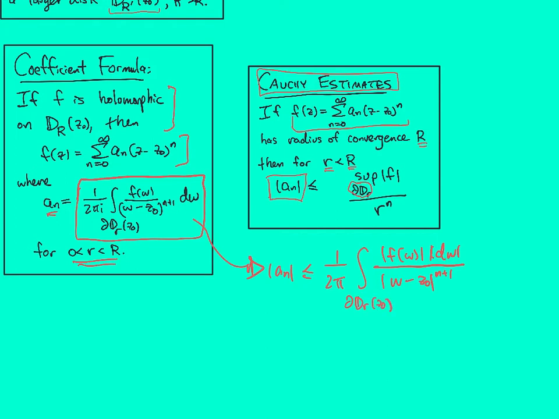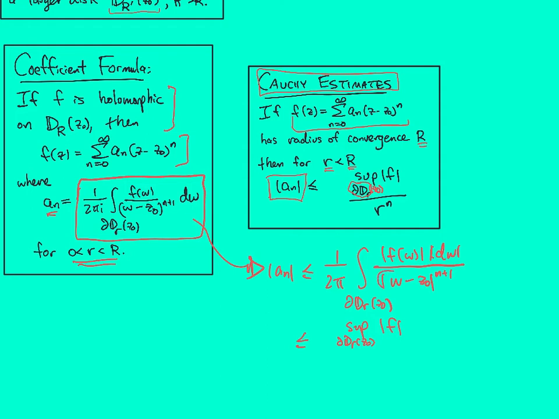And what do we have here? So I can bound f by its supremum on this circle. And up here, I guess I should say the circle centered at z naught. So I can get the sup over this circle centered at z naught of f.